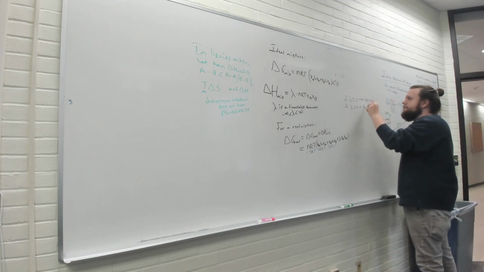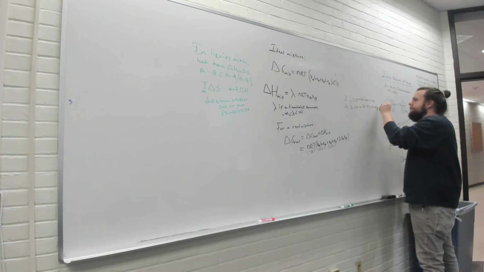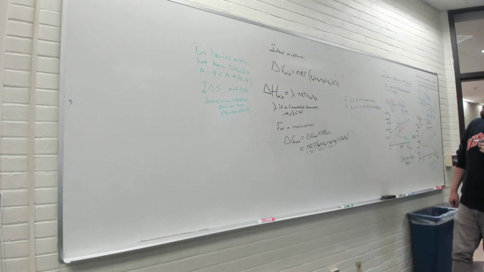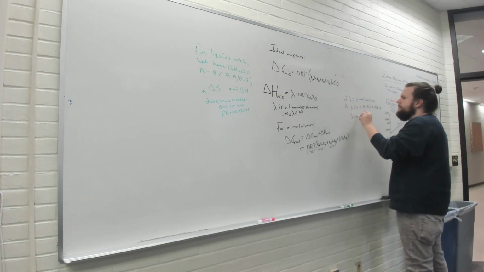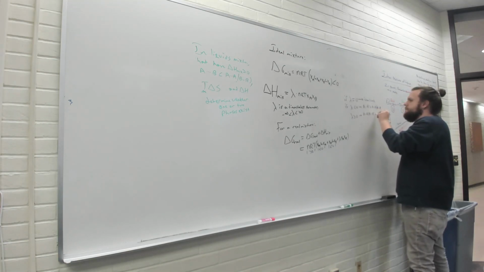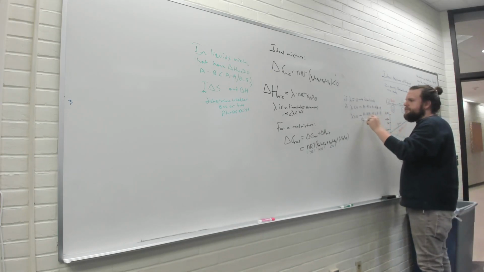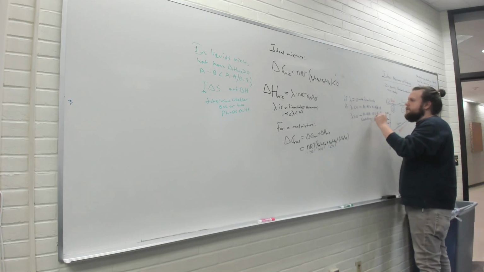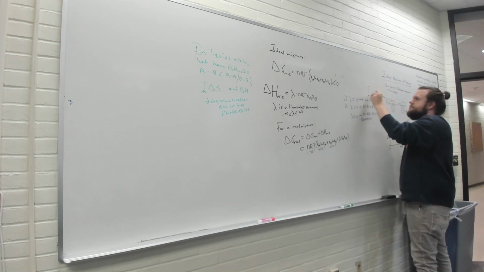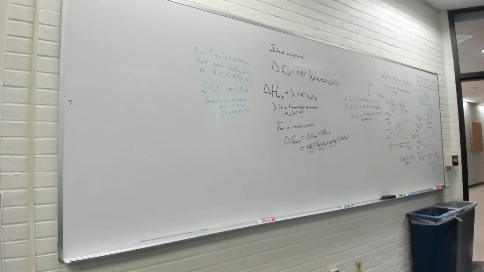It means AB is greater than AABB. It's attractive. It drops the Gibbs free energy, gives you more energy back. And if lambda is greater than 0, then AABB is greater than AB. So this is repulsive, this is attractive, and this is ideal. Very simple.